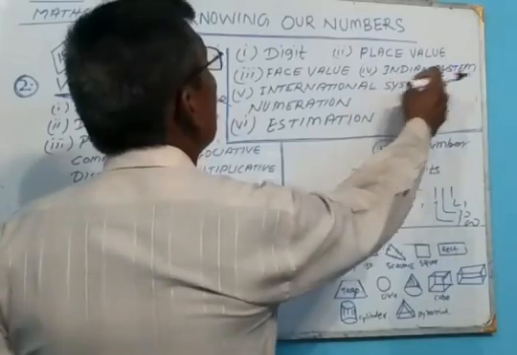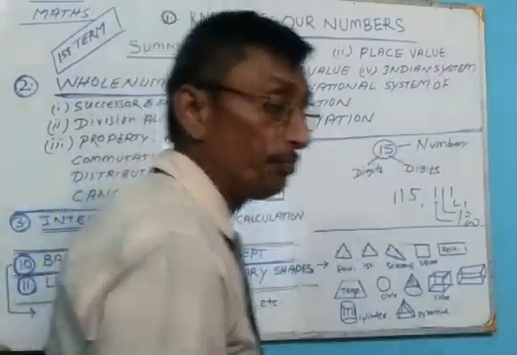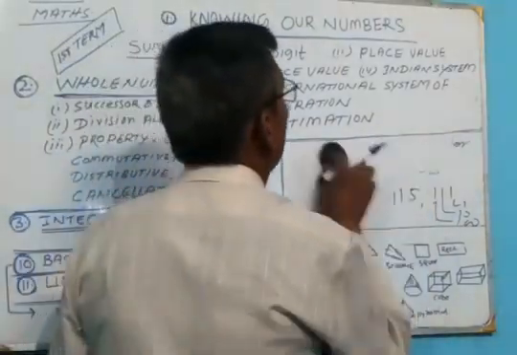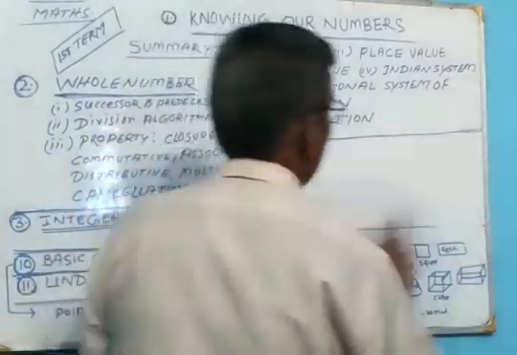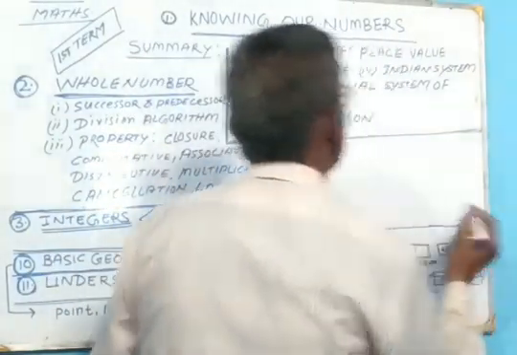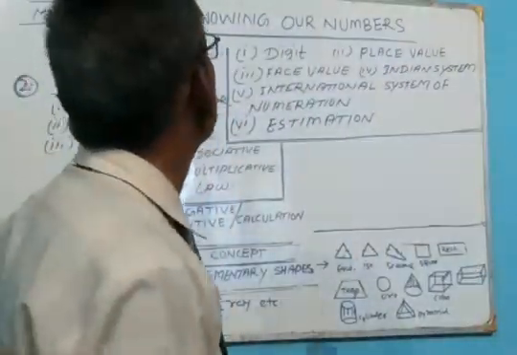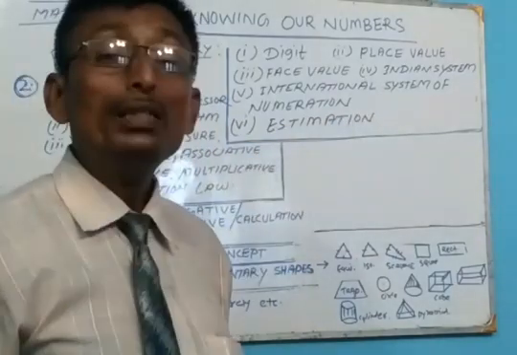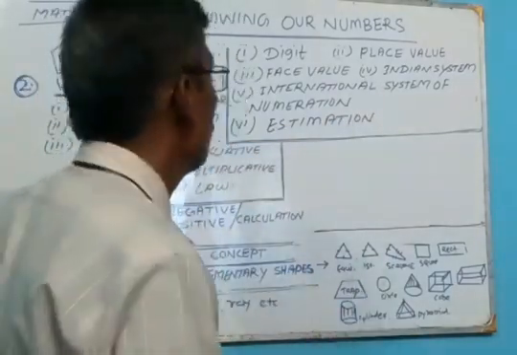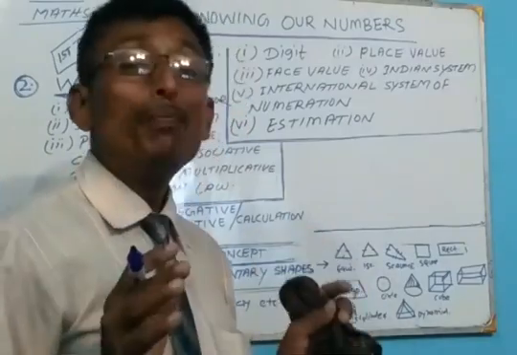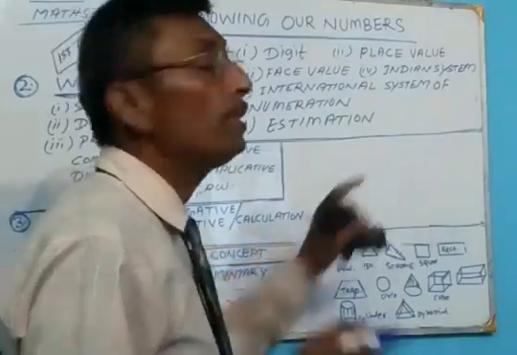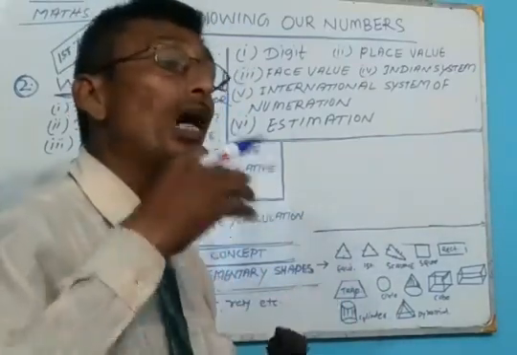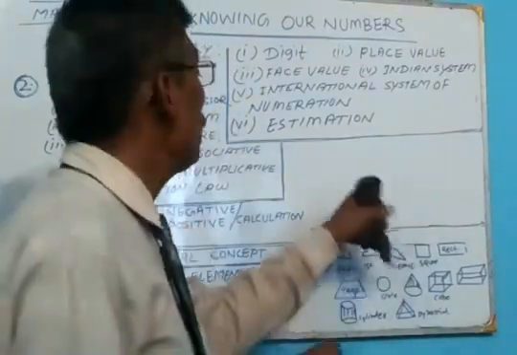Then come on to the next term, Indian system. If we write the numbers in the Indian system, first of all, after 3 digits a comma is started, and then after every 2 digits we write the commas.